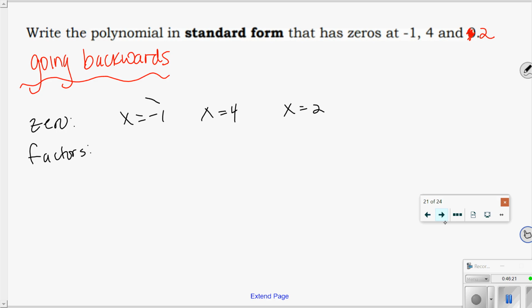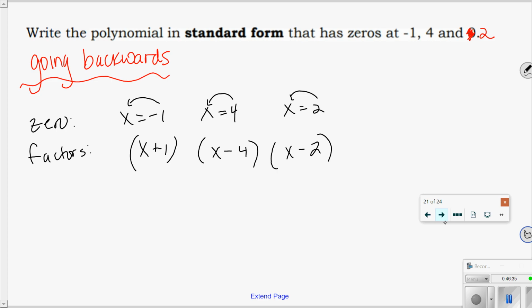I bring that -1 to the other side, it's x plus 1. I bring that 4 to the other side, it's x minus 4. I bring that 2 to the other side, it's x minus 2. So that is set up with factors.